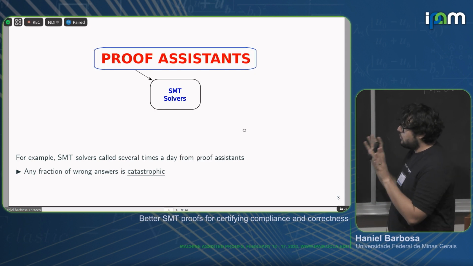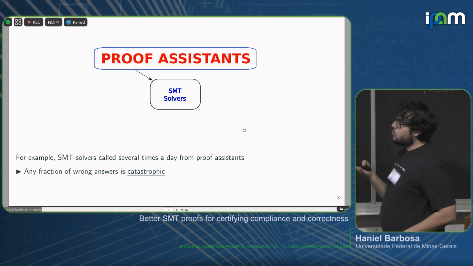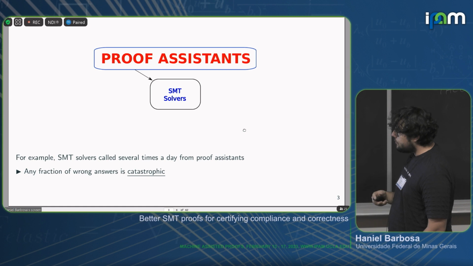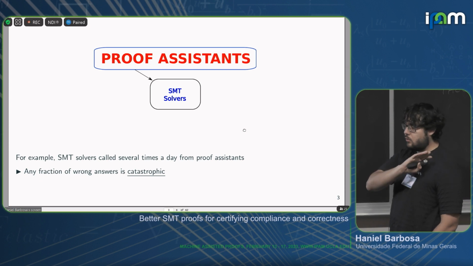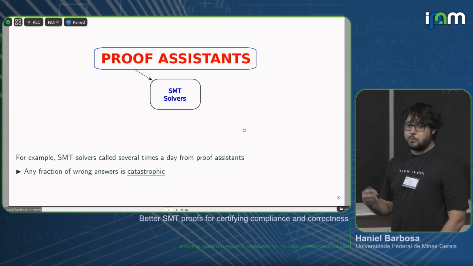But here we are concerned with something else, like proof assistants, right? How proof assistants may use SMT solvers is something we're going to talk about in more detail afterwards. But the idea is that SMT solvers could solve, similarly to these other applications, the problems that arise when you're using proof assistants.